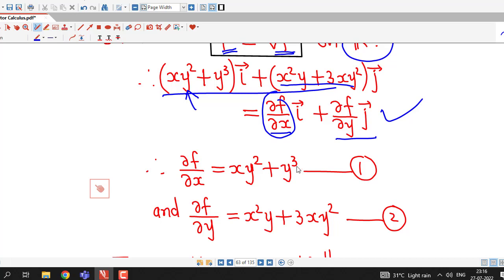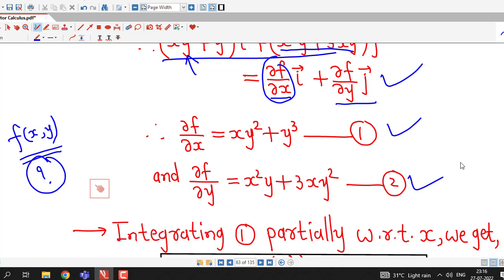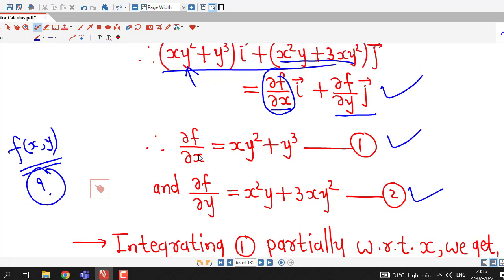We have the partial derivatives of the required scalar function f with respect to x and y, and from these two equations we have to determine this potential function. We can start with any of these two equations. Suppose we start with equation 1.